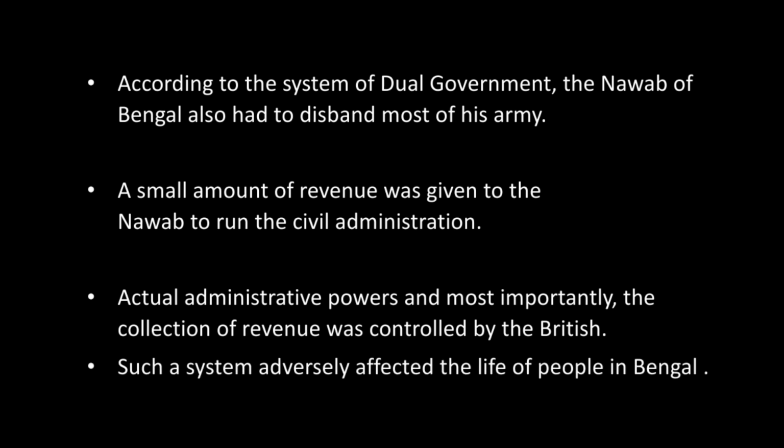Such a system adversely affected the life of people in Bengal. So this is a short note on dual government in Bengal. It was in favor neither of the citizens nor of the Nawab, but it was in favor of the British.